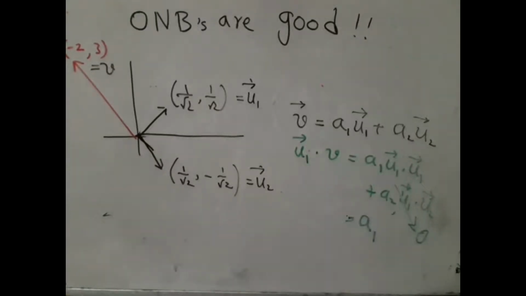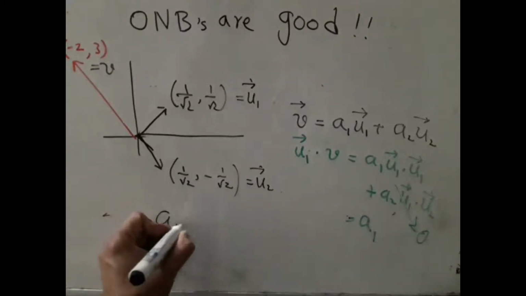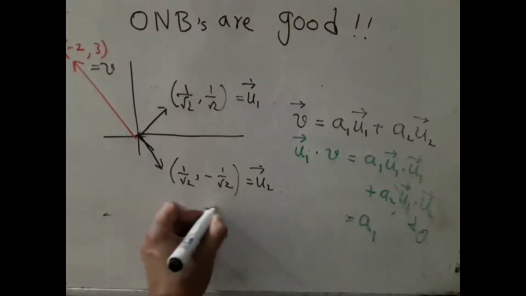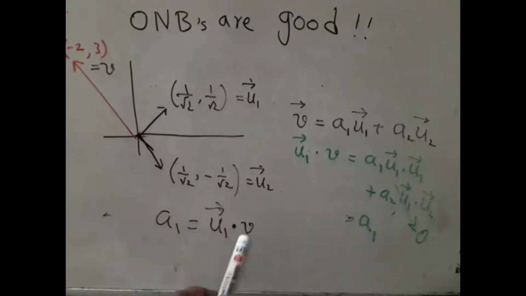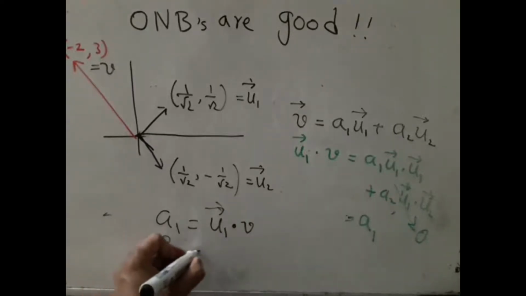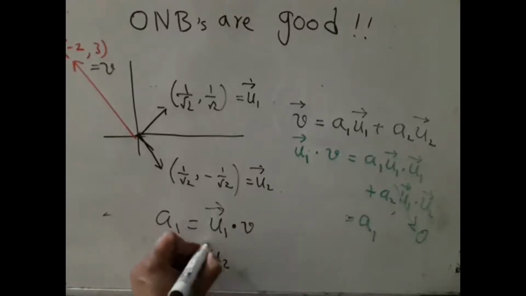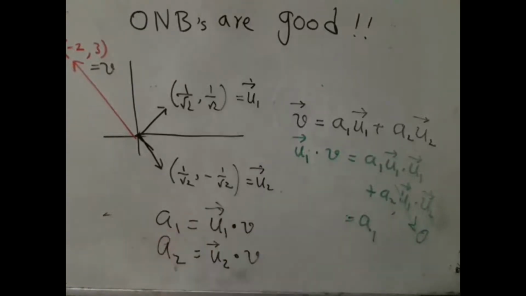Thus, I have directly a closed form solution for A1, and that is A1 is equal to U1 dot V. I wanted to find the contribution of U1 in V, and it is very easy. Take V dot product with U1, and similarly for A2 you can do U2 dot product with V. Because of this, O and B's are a lot easier to work with.